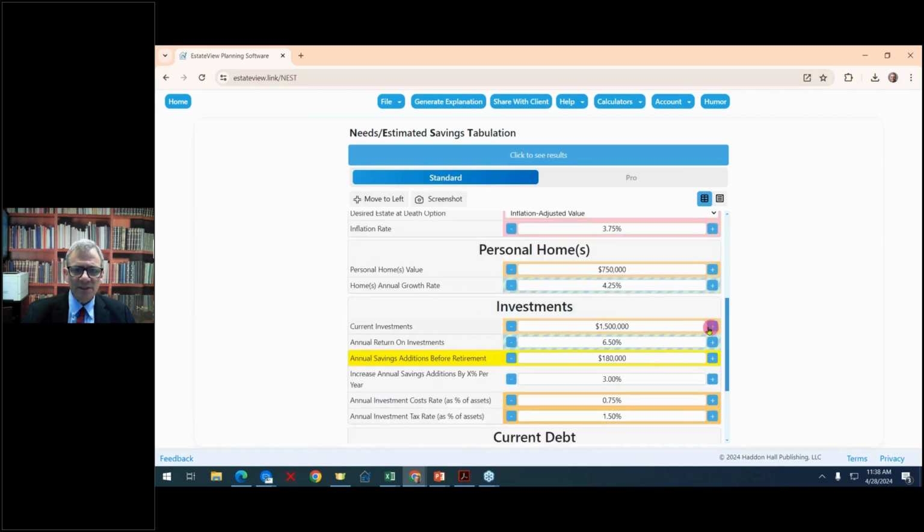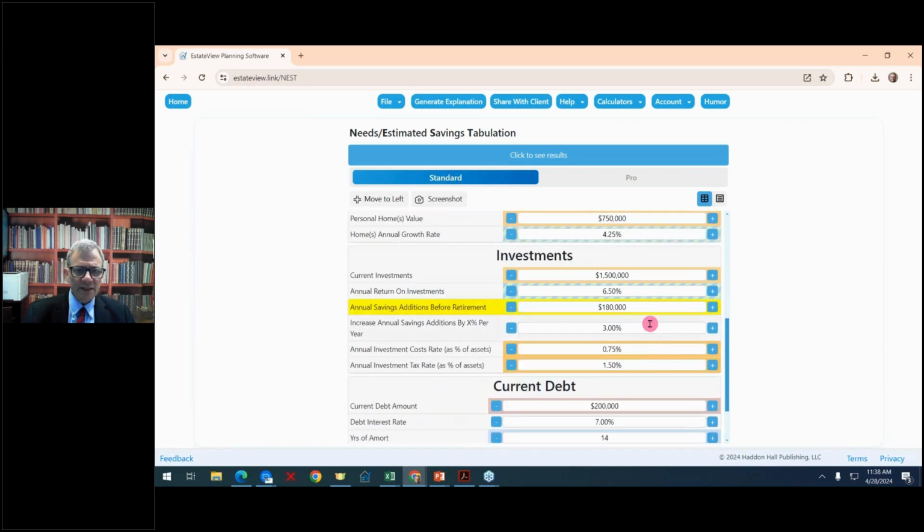Their investments, $1.5 million, growing at 6.5% a year, and they are saving $180,000 a year. They expect that their savings can increase by, let's say, 4.5% a year until retirement age, that their investments are costing them 0.5% in investment costs and 2% of the value of their portfolio each year in income taxes on the interest, dividends, and capital gains.